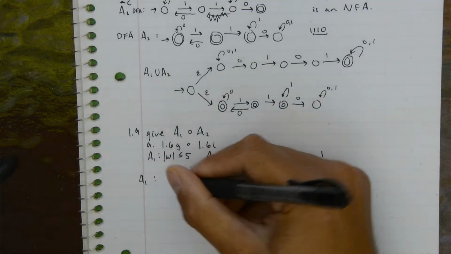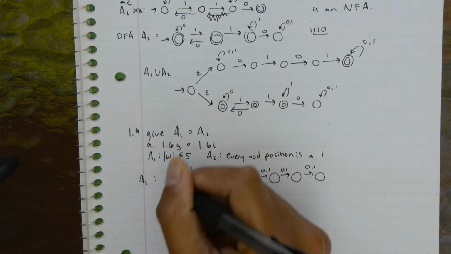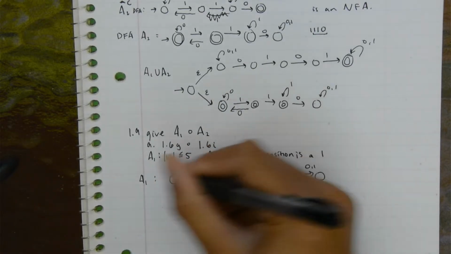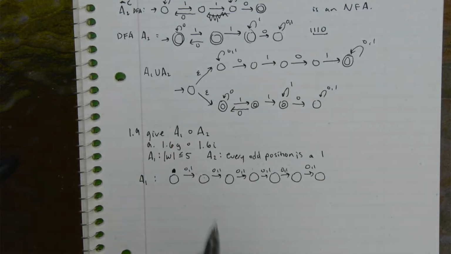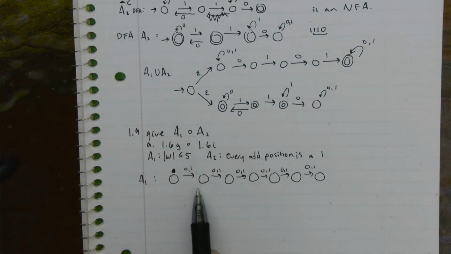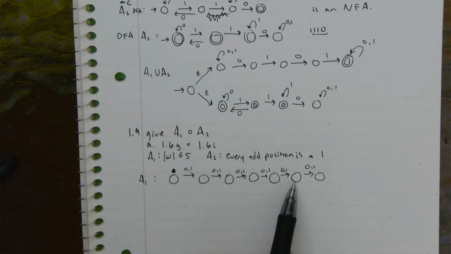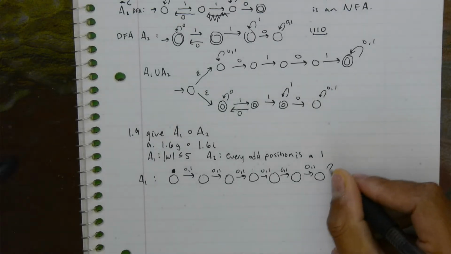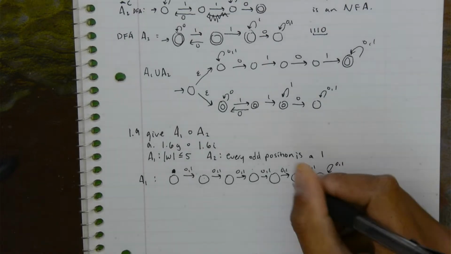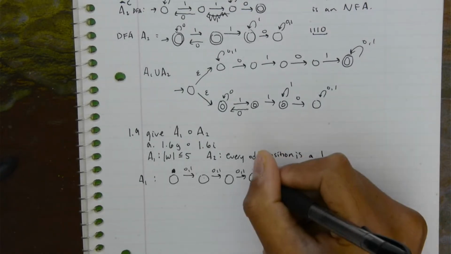Let's call this the 0 state. W must be at least length 1 to get to this point. Then 2, then 3, then 4, then 5, then 6, and then here. All of these are going to be accept states.